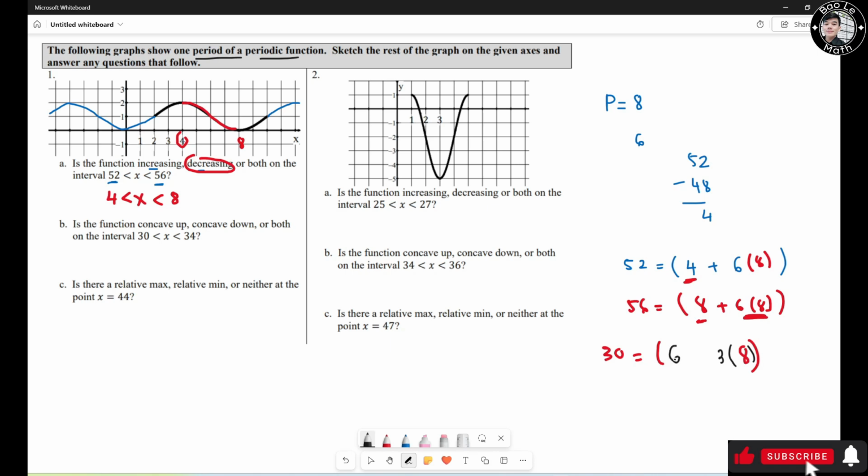We have the remainder is 6. So we need to add this one. So 30 is similar to 6, so I just write 6 over here, less than 34. Now 34 can be written as, rewrite the period right here. We're going to multiply by 3, and then we're going to add 6.